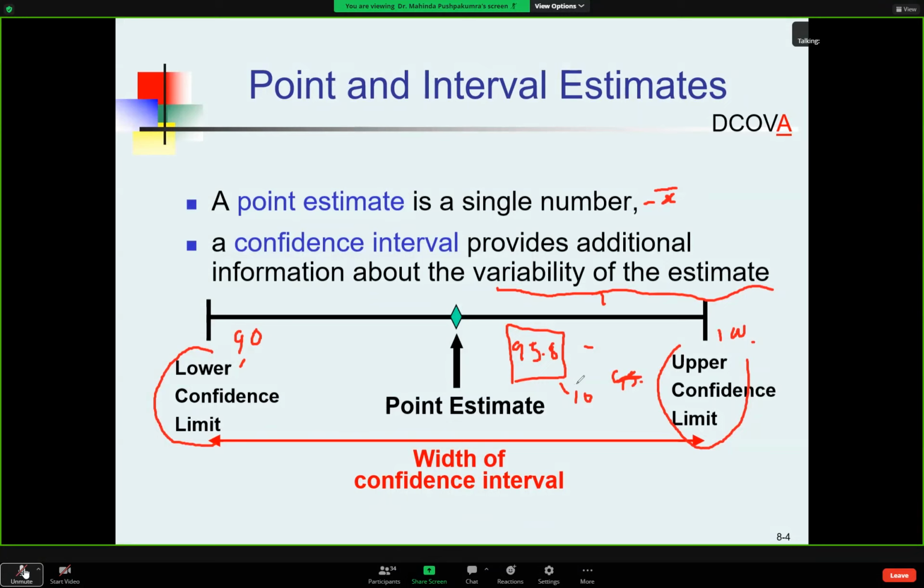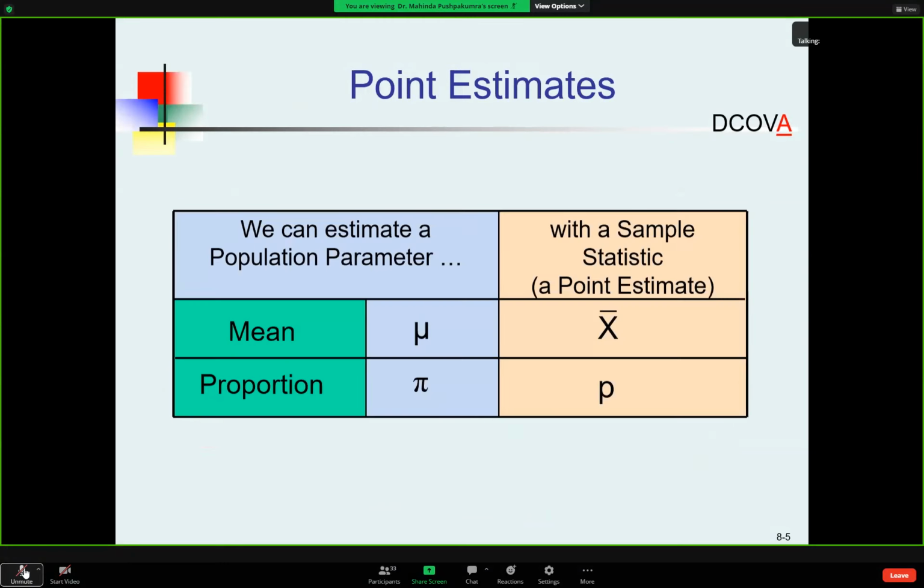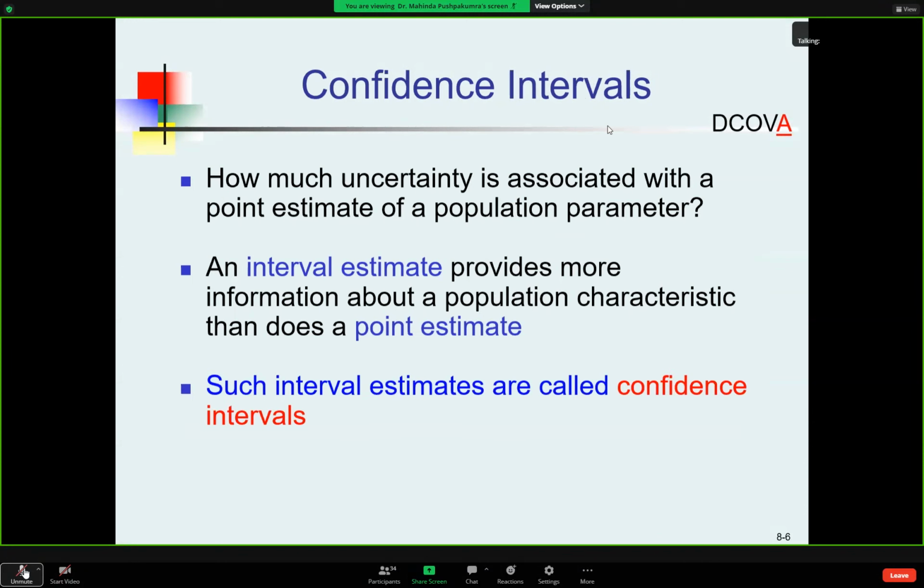So when you calculate the confidence interval, we consider the variability of the sample estimate. Then we can construct confidence intervals for the population mean as well as the population proportion. The confidence interval shows how much uncertainty is associated with the point estimate of a population parameter.